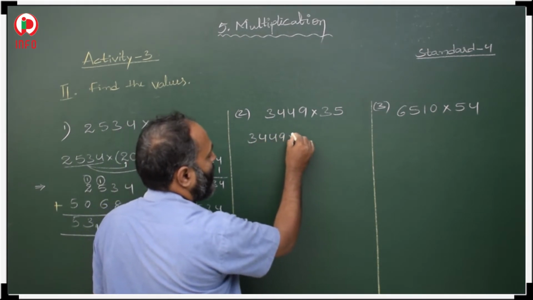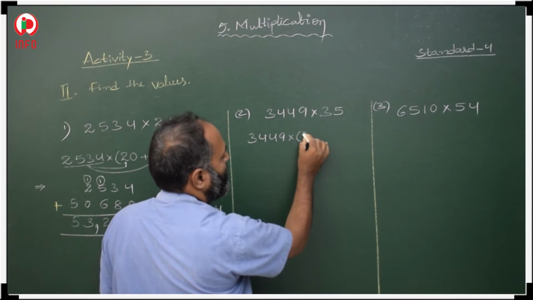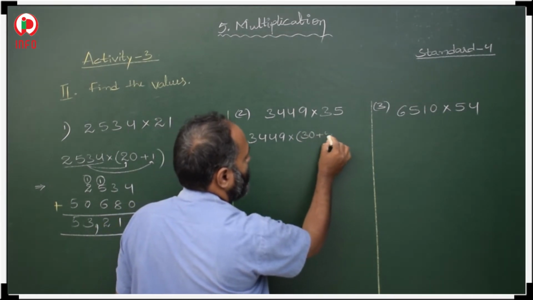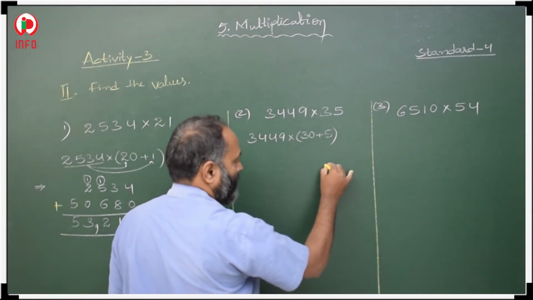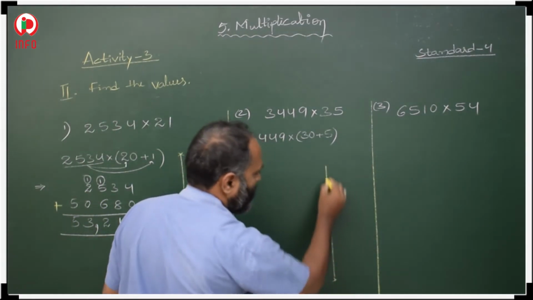Okay. Now here 3,449 we have to multiply with 35. 35 means 30 plus 5. Now this is your rough column.